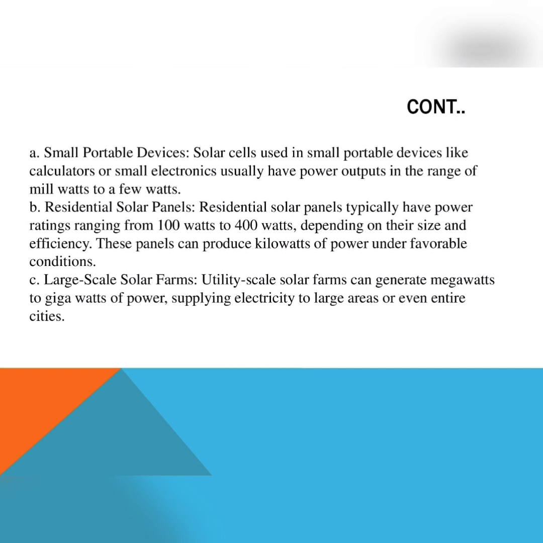Next, residential solar panels typically have a power rating ranging from 100 watts to 400 watts. Depending on their size and efficiency, these panels can produce kilowatts of power under favorable conditions.